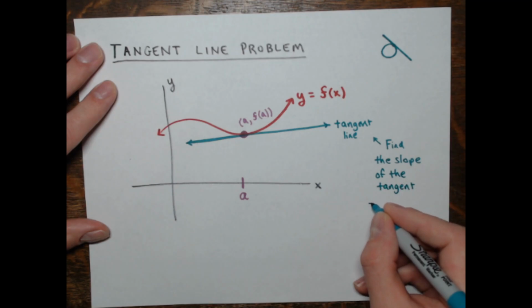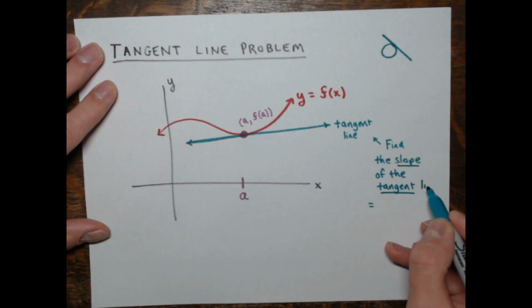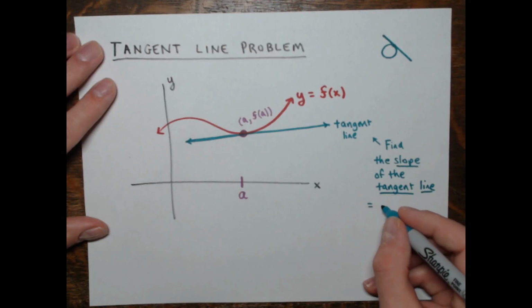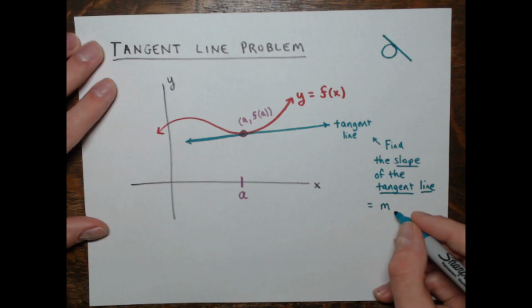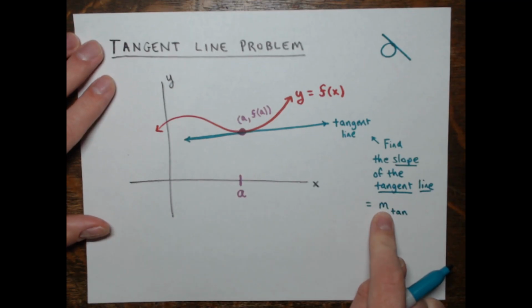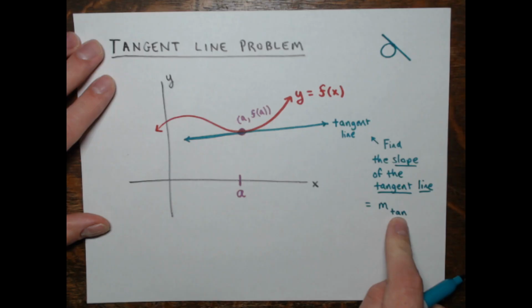Now I noticed that this slope of the tangent line, in this text, in the instruction you'll see here in Newton, it's going to be represented here in the preview of calculus section by this m. Remember m for slope, y equals mx plus b, right? M usually represents slope. And then you have this subscript of tan for the slope of a tangent line.